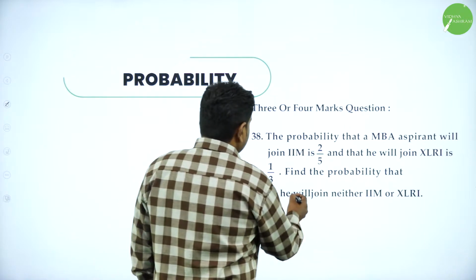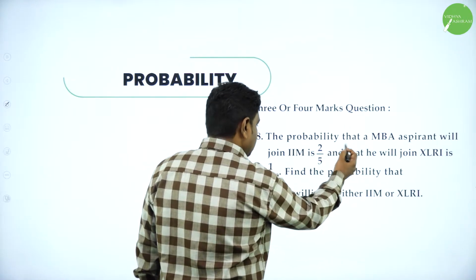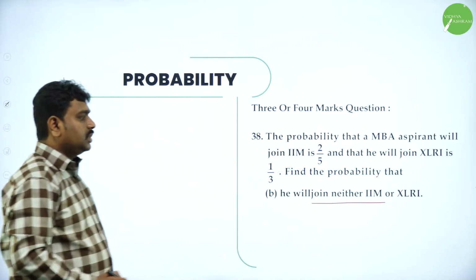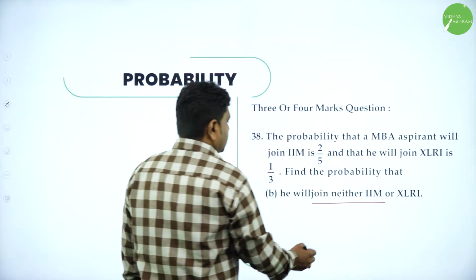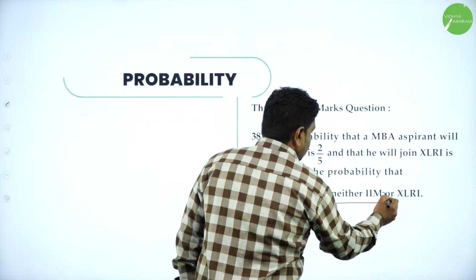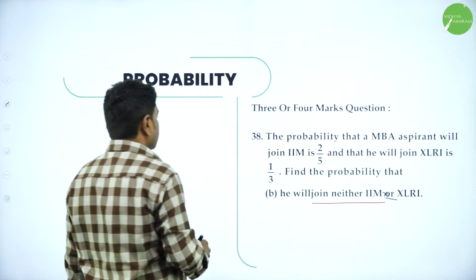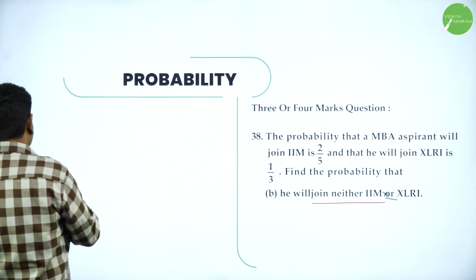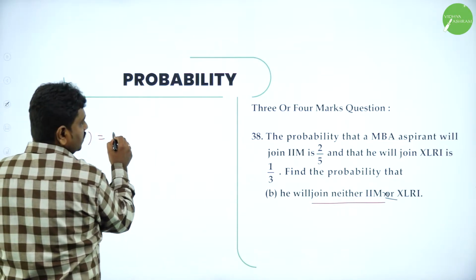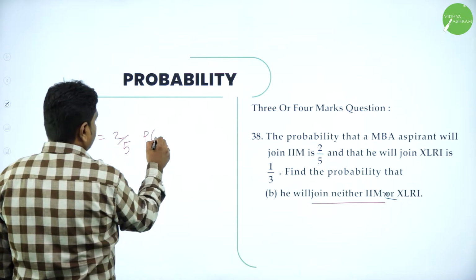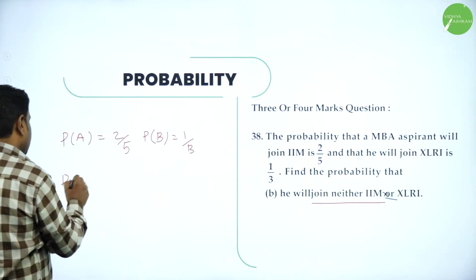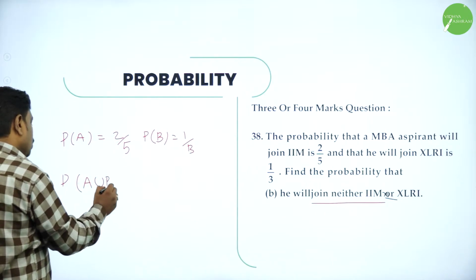Again, same question. The probabilities they gave. Find the probability that he will join neither IIM nor XLRI. So again, P of A is 2 by 5. P of B, joining XLRI, is 1 by 3. Neither nor they give, which means they want P of A union B whole dash.